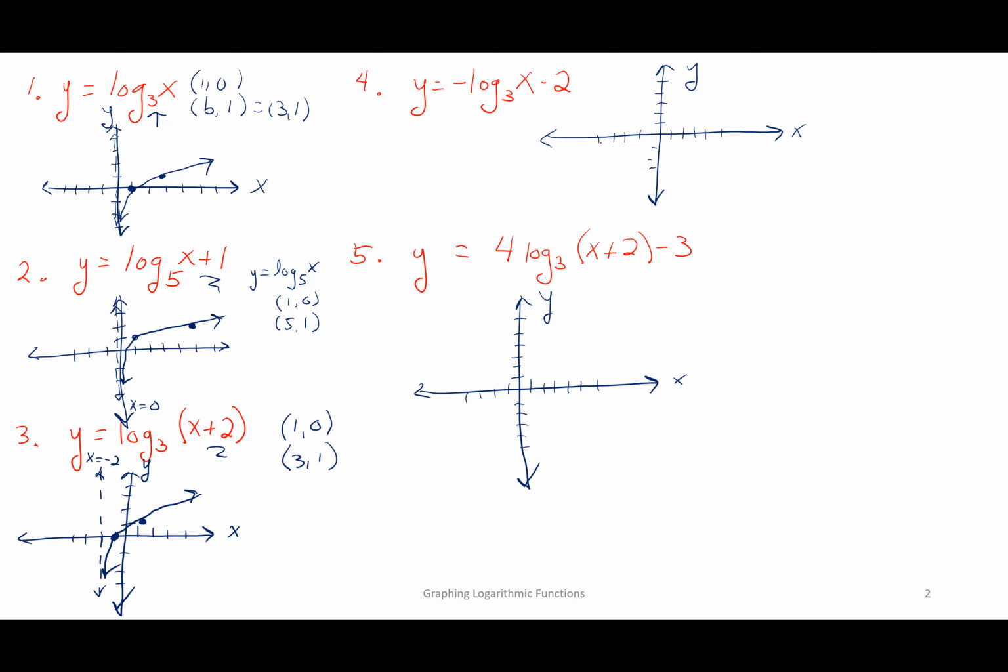And the key thing to remember as we work through this is that we have a couple of different changes here. We start with our parent function of 1 comma 0 and 3 comma 1, but now we have to do 2 different things, right? We have to reflect it, and we have to bring it down. And when you do both of those, you should end up with 1 comma negative 2, right?